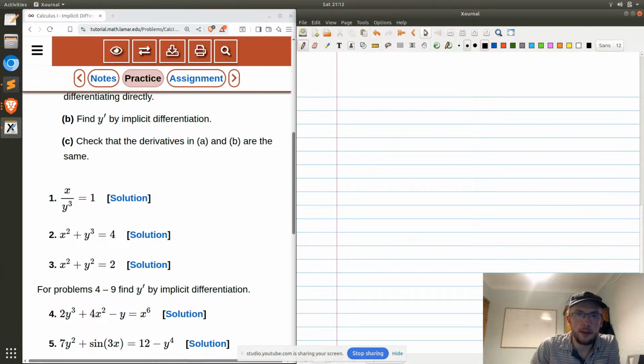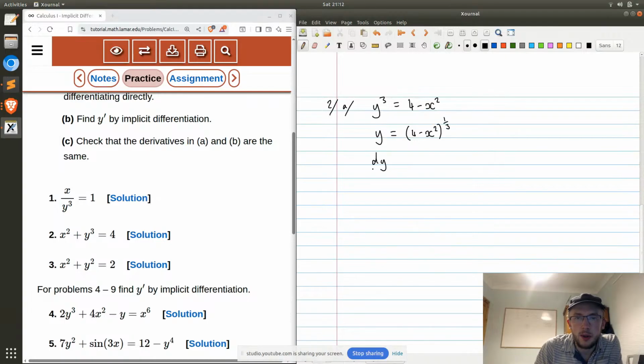So next, we try with problem 2. First, via explicit differentiation. So we say that y cubed is equal to 4 minus x squared. And so y is equal to 4 minus x squared all to the 1/3.